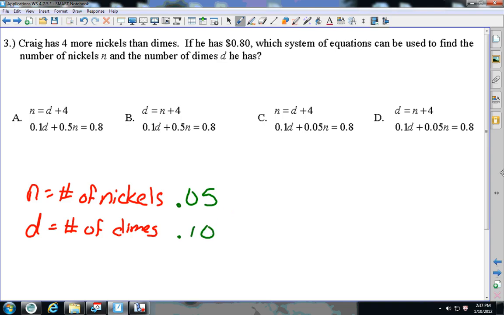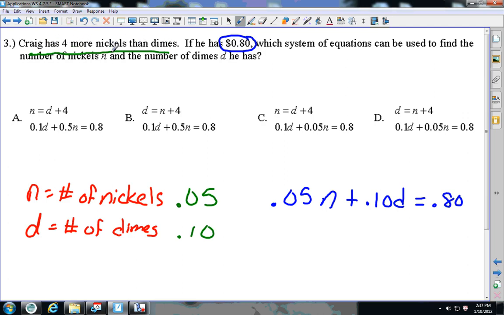So now, the first equation that I do know is that he has a total of 80 cents. So I have 5 cents times my nickels plus 10 cents times the number of dimes, and that equals 80 cents. The other equation I have is in the first sentence. It says Craig has 4 more nickels than dimes.